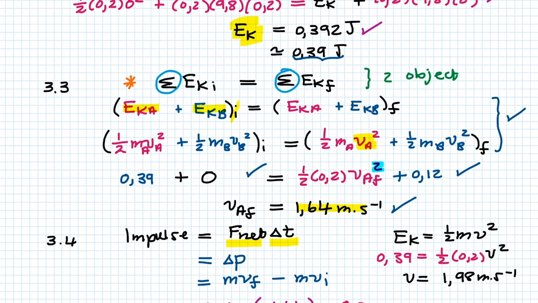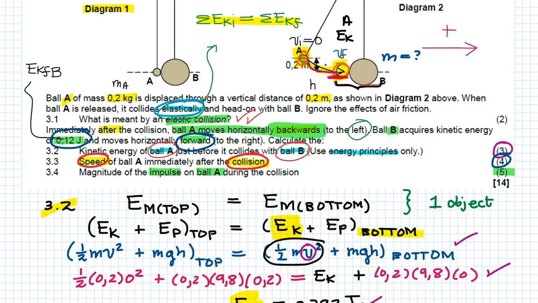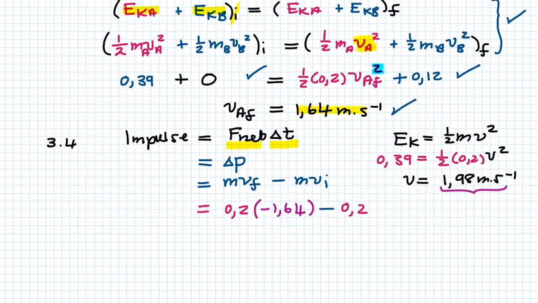Remember that this formula provides you with speed, right? But we were told that ball A starts off moving towards the right. So since it starts off moving towards the right, we're going to plug this into the calculation on the left as a positive 1,98. Now we plug all of this into our calculators and we find out that the impulse is equal to negative 0,72.